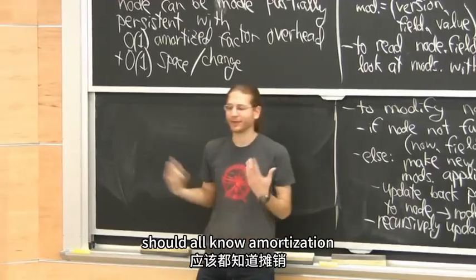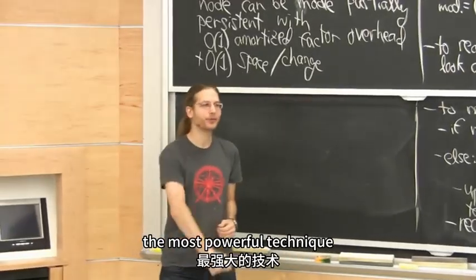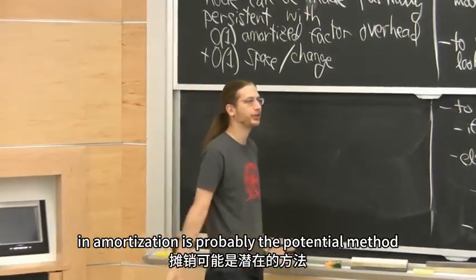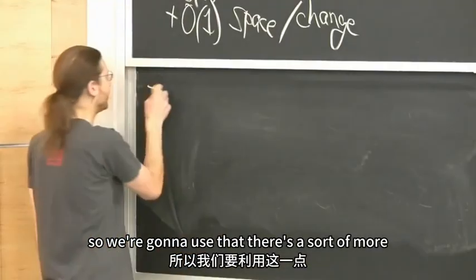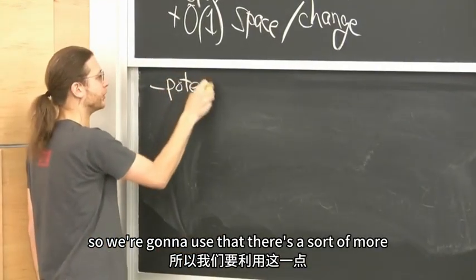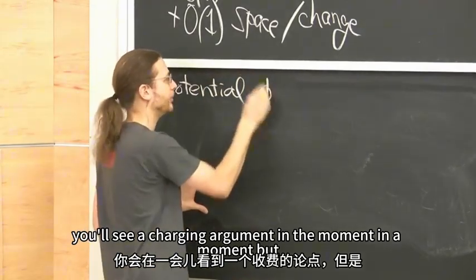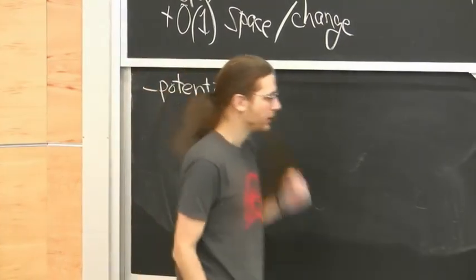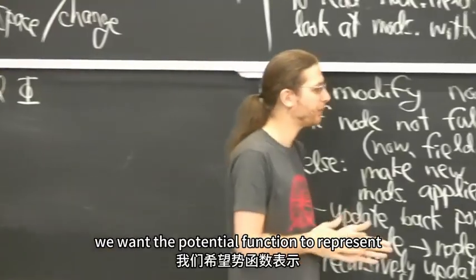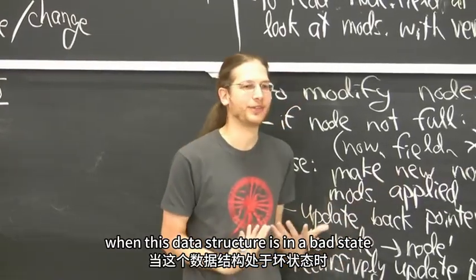You should all know amortization. The most powerful technique in amortization is probably the potential method. So we're going to use that. You'll also see a charging argument in a moment. We want the potential function to represent when this data structure is in a bad state.